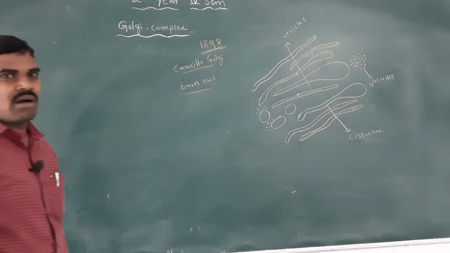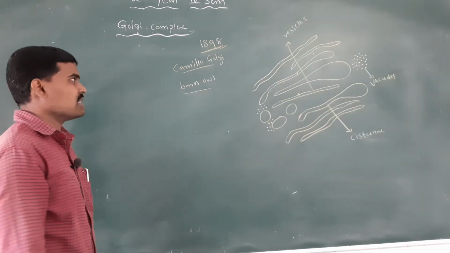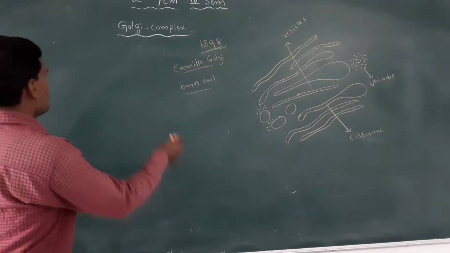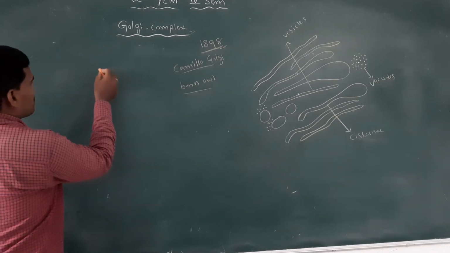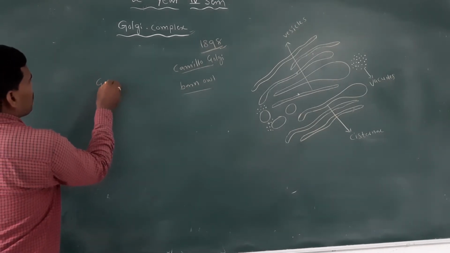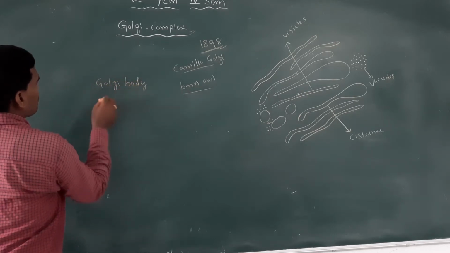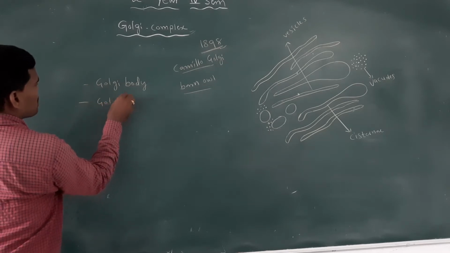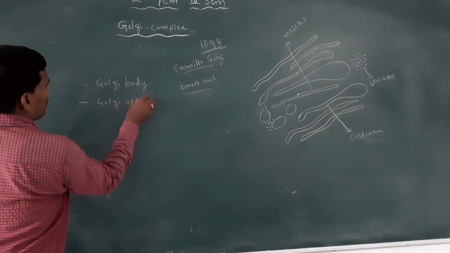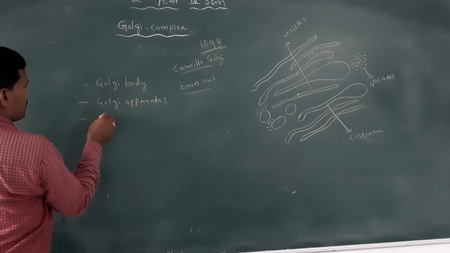The Golgi complex has various names. Let us see: Golgi body, another name Golgi apparatus, lipochondria, and idiosome.